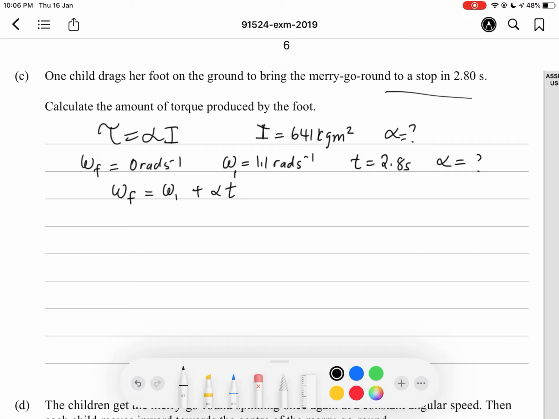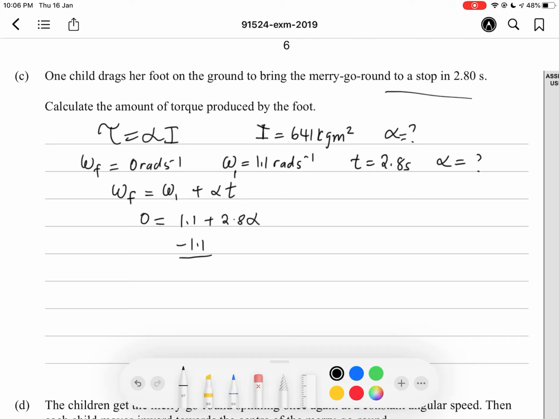If we plug our numbers in, we can rearrange to find the angular acceleration. Our final angular velocity is 0 radians per second, which equals 1.1 plus 2.8 times the angular acceleration.